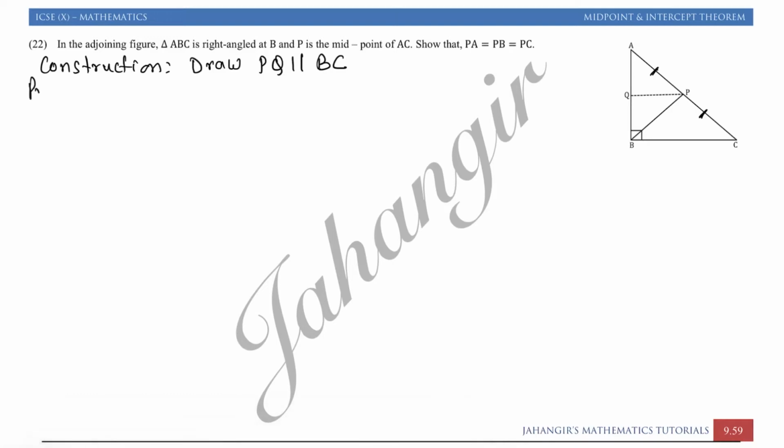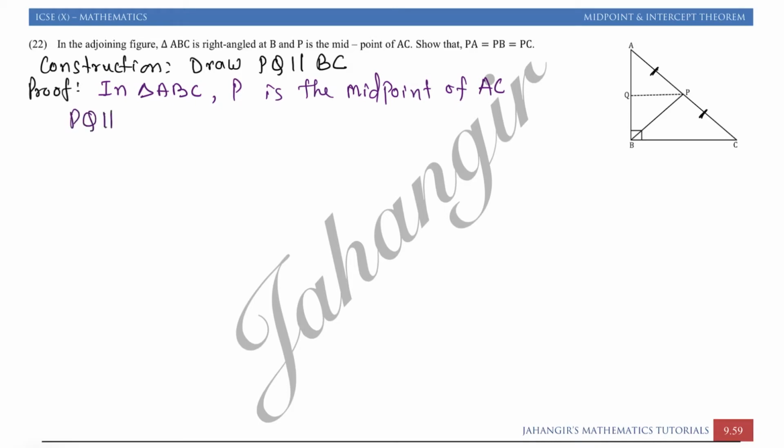Now we will take proof. In the proof we can write, in triangle ABC, P is the midpoint of AC. Wait, let me see what is given. Given is P is the midpoint of AC, PQ parallel to BC.